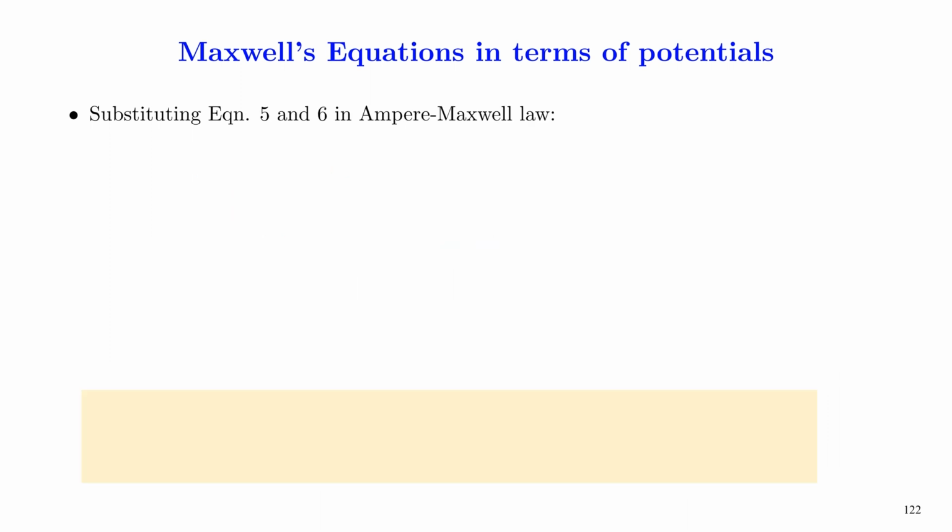Let's find out how to write the Ampere-Maxwell law in terms of the scalar and vector potentials. For that, let us substitute equation number 5 and 6 in the Ampere-Maxwell law.